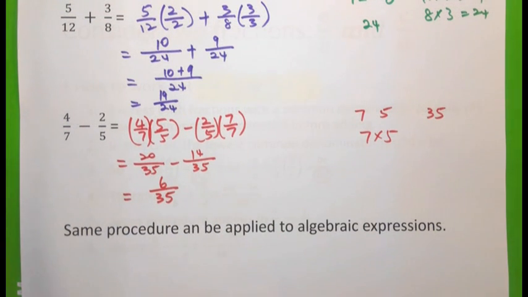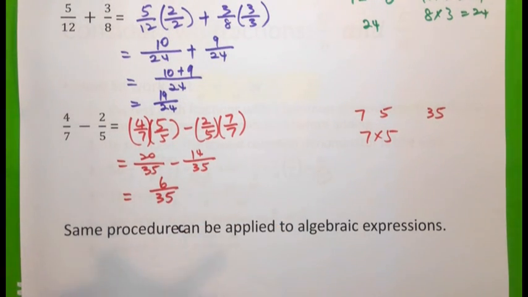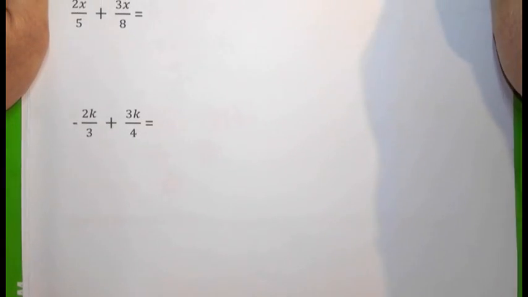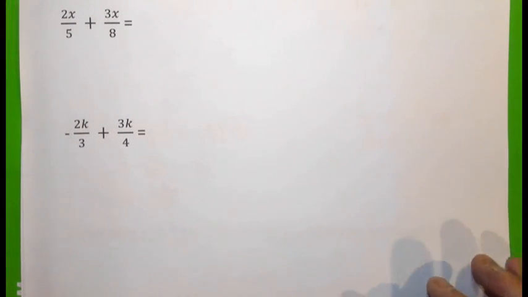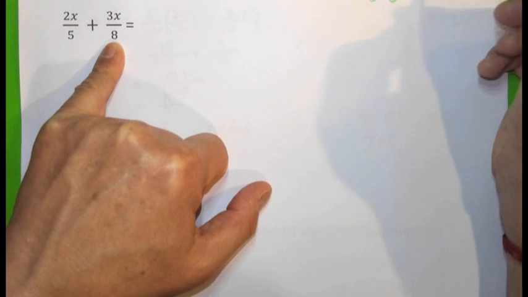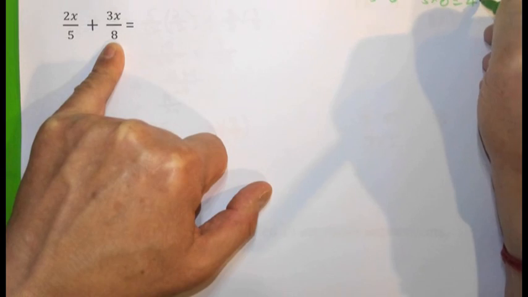The same procedure can be applied to algebraic expressions as well. Let's have a look at how we do it. First, let's consider 2x over 5 plus 3x over 8. What is the common denominator for 5 and 8? It's 5 times 8, which is 40.